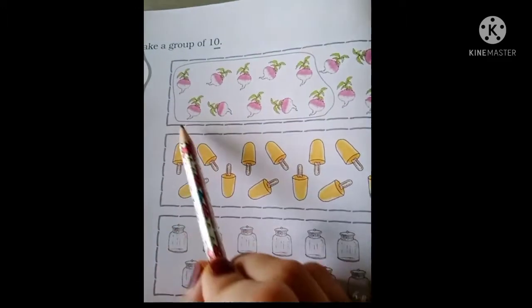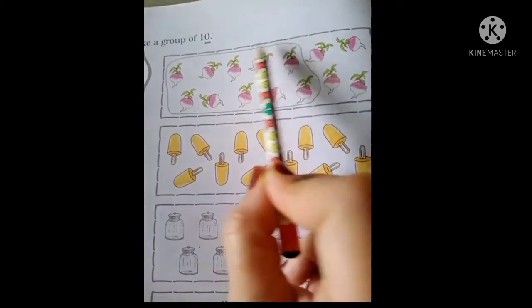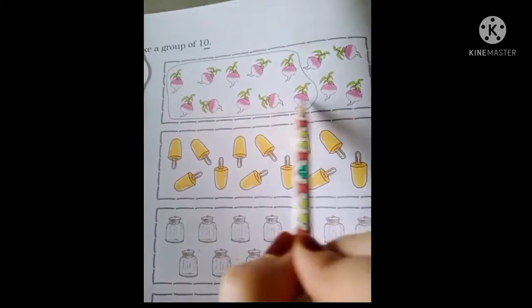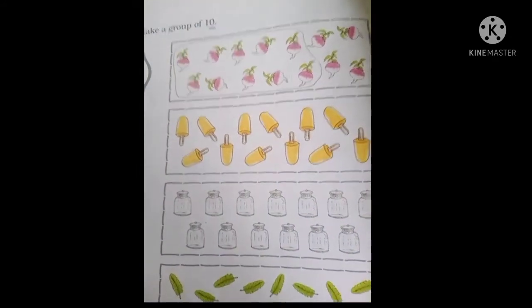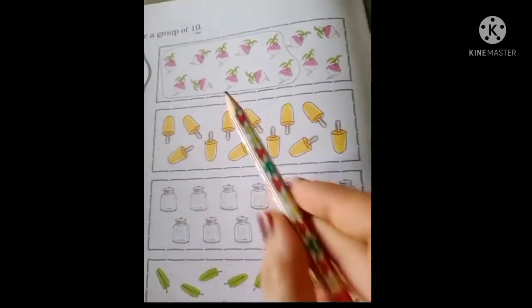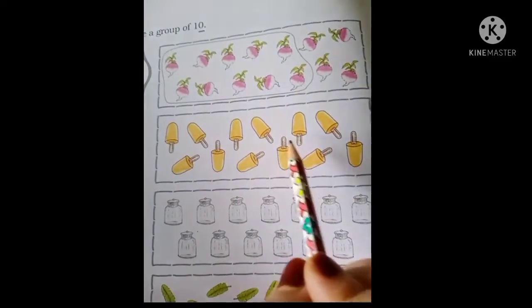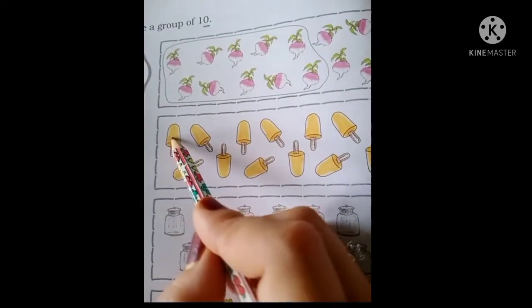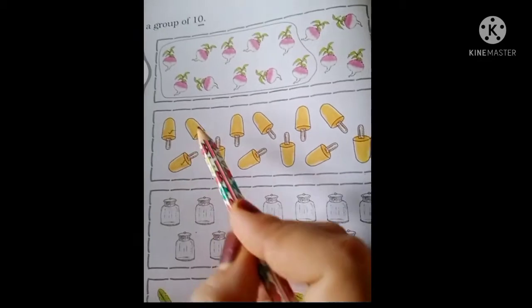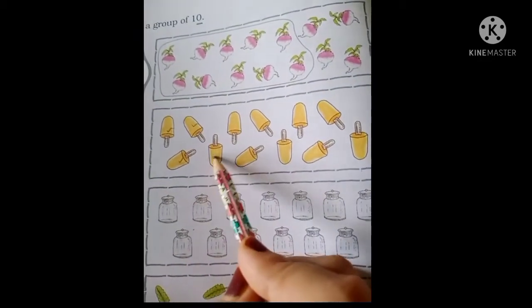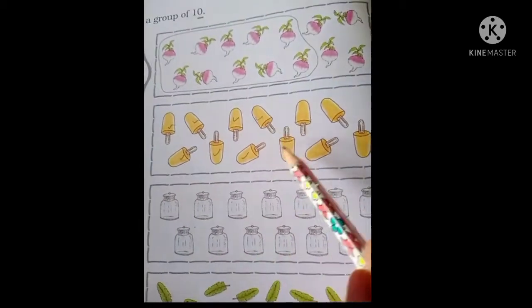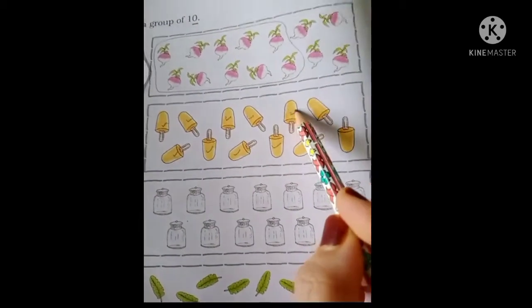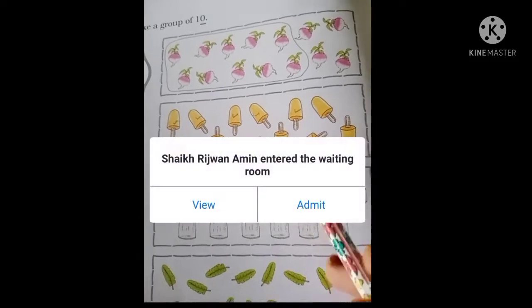So here you can see by drawing a group, making a group, हमें ऐसे line से group बनाना है 10 objects का, right? Different objects. Okay, so now we will make a group of this one, 10. So let's do 1, 2, 3, 4, 5, 6, 7, 8, 9 and 10.